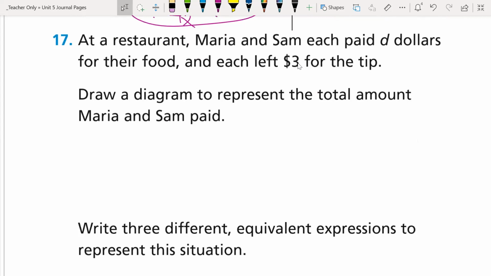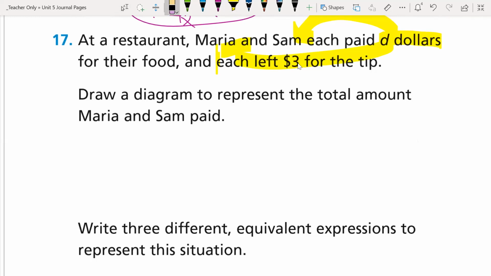At a restaurant, Maria and Sam each paid $D for their food and each left $3 for tip. So draw a diagram to represent the total amount that Maria and Sam paid. They must have paid the exact same amount because it says they paid $D, and $D is how much he paid and how much she paid.